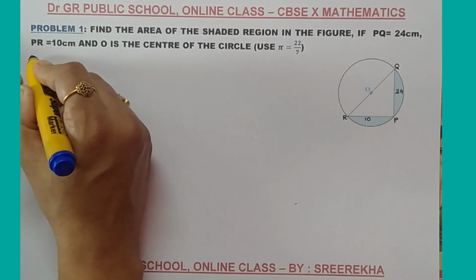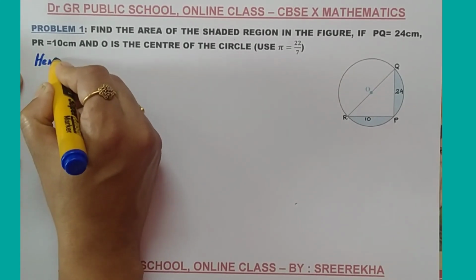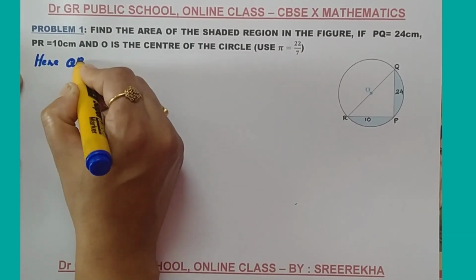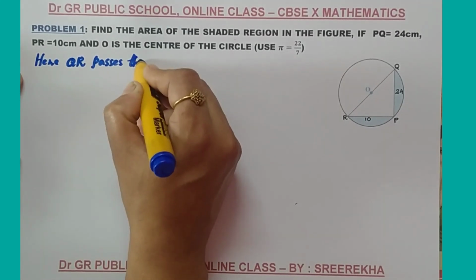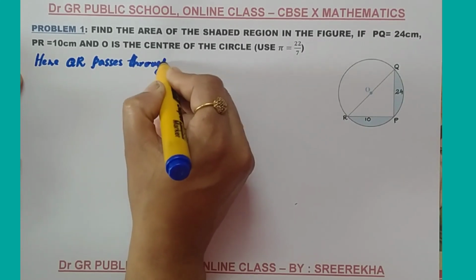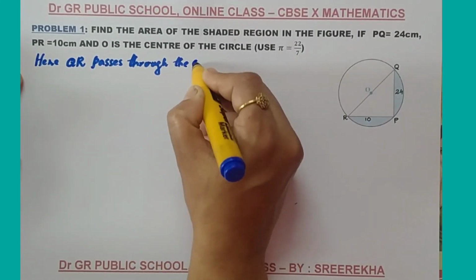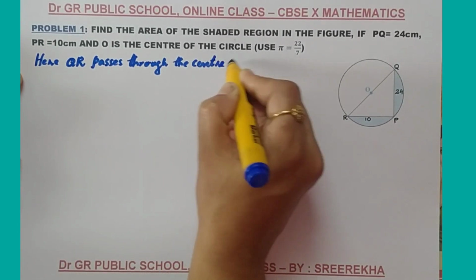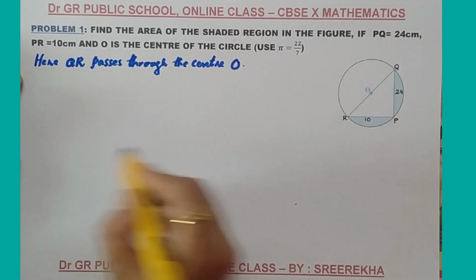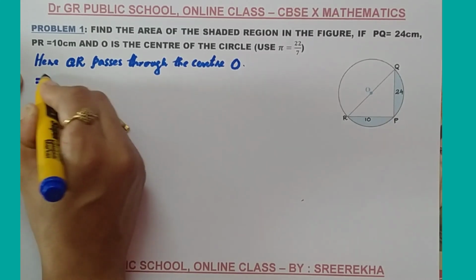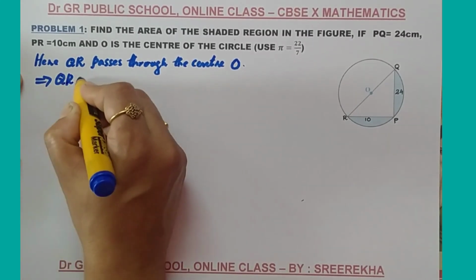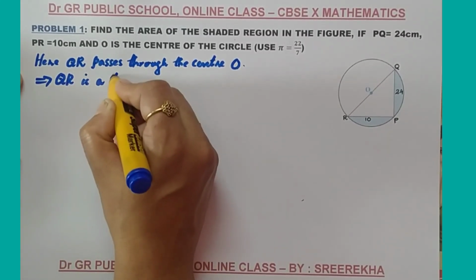Am I right? QR passes through the center O. Therefore, QR is a diameter of the circle.